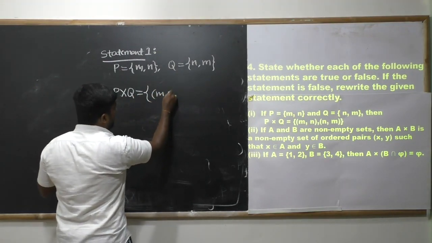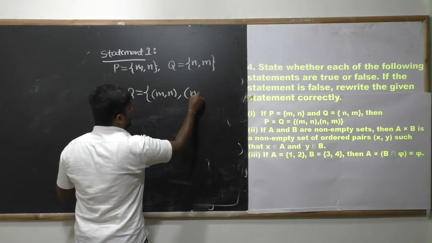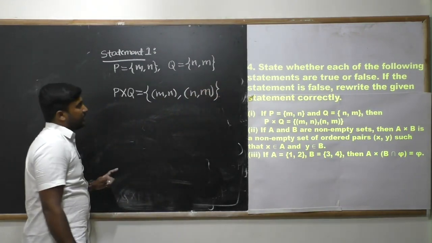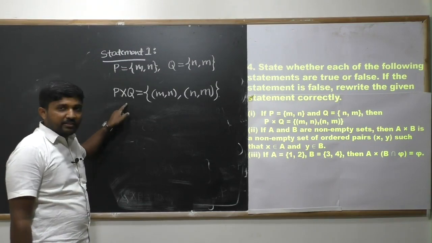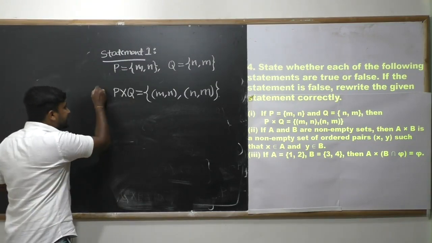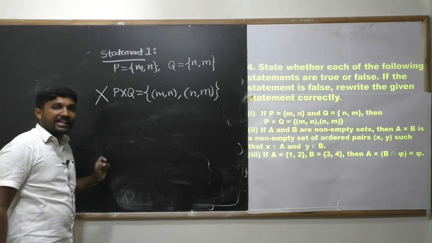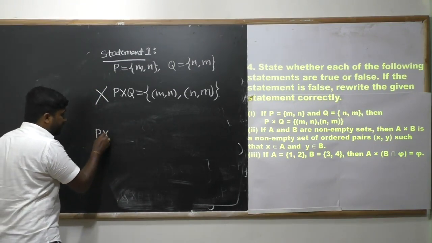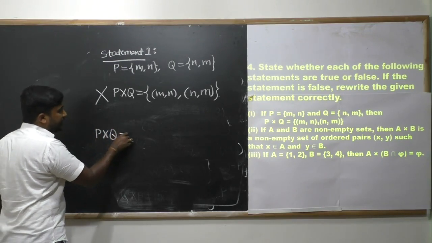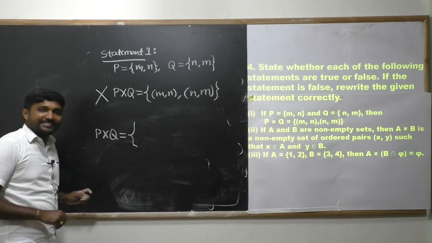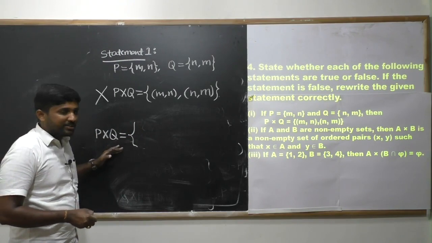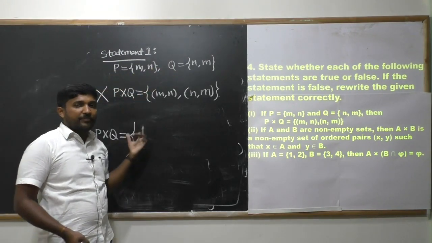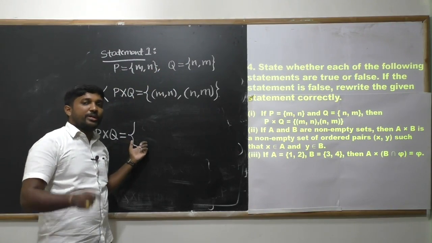Ordered pair (m, n) and ordered pair (n, m). Are they equal? Okay, this statement is not correct. The actual correct statement is: set P cross Q is equal to, please list out, how many elements should there be in P cross Q, children? P contains 2 elements, Q contains 2 elements. So the number of elements present in P cross Q is 4.